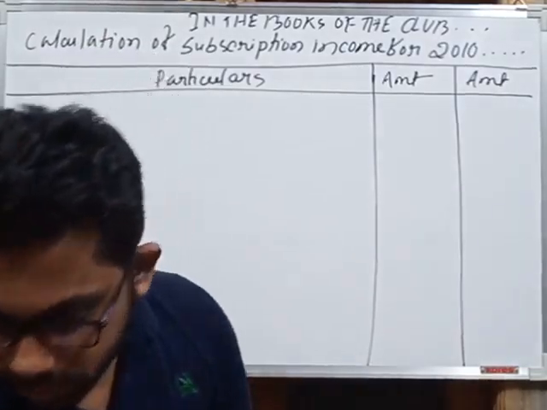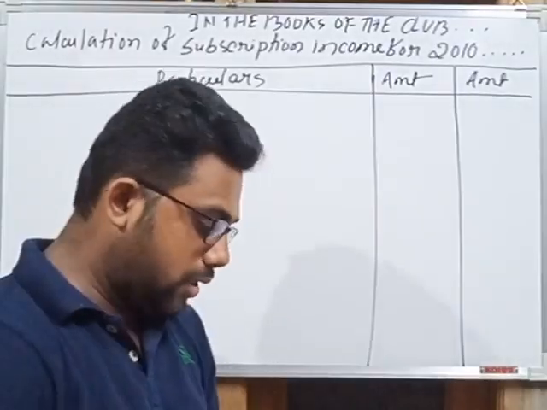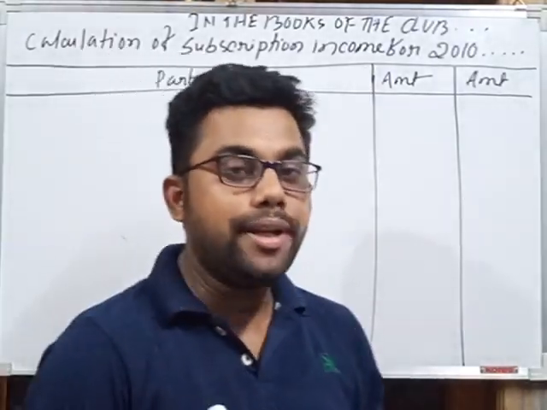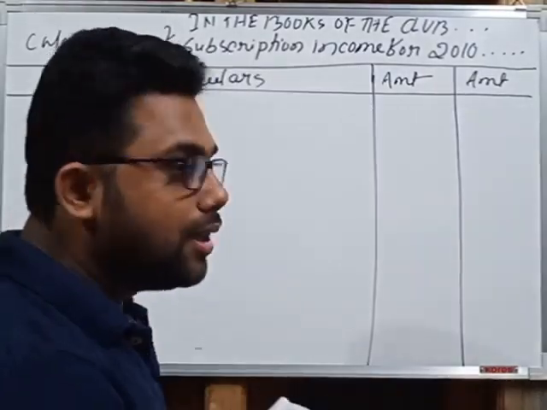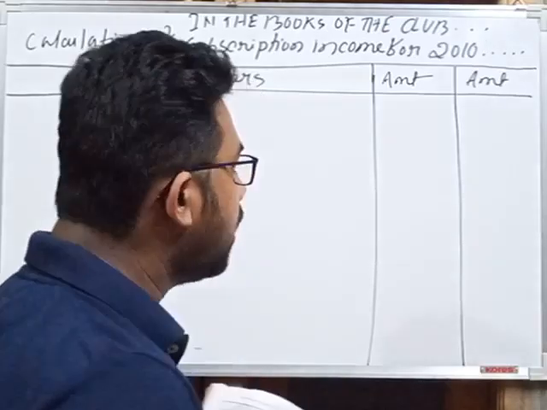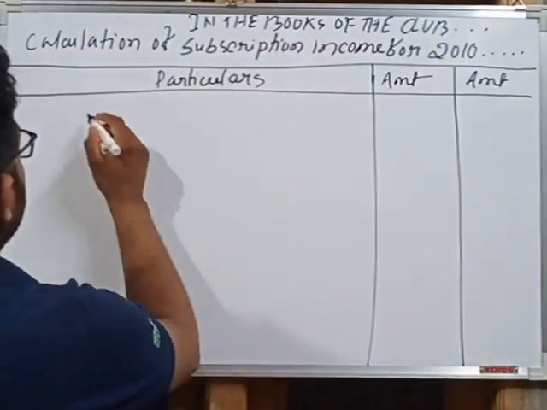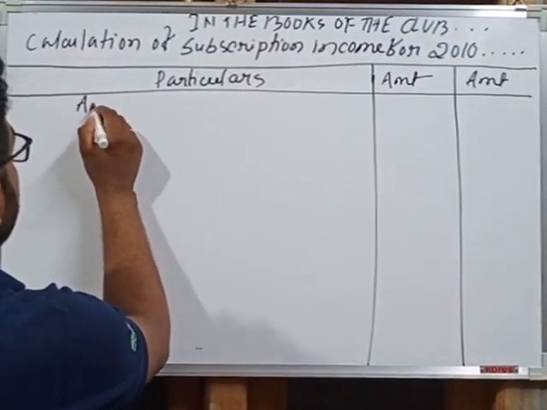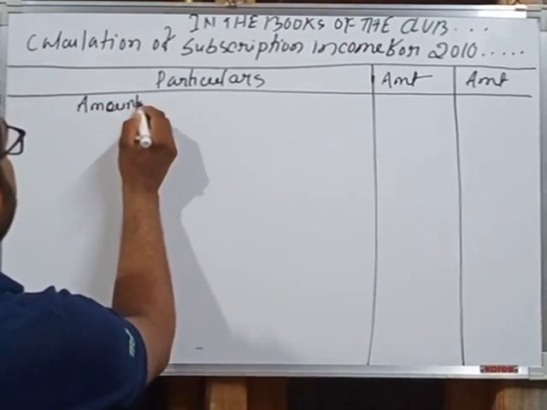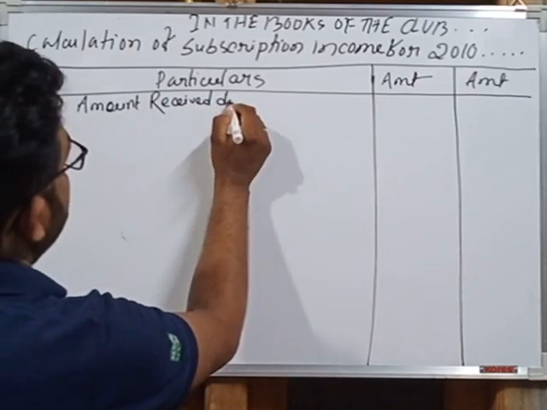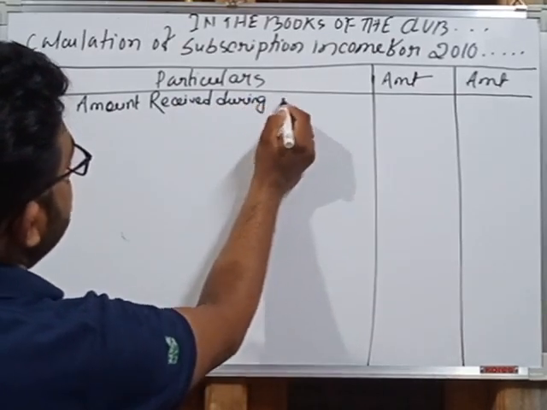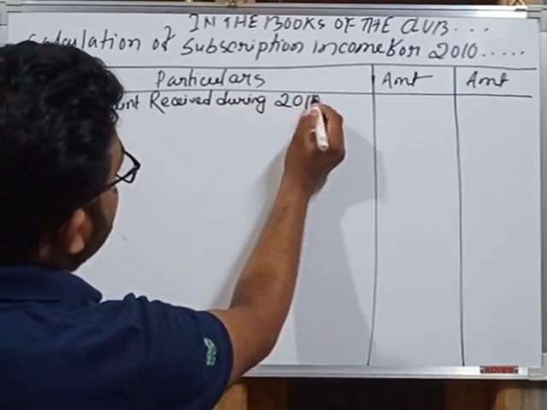So from our information, what is our first information we need? We need the total amount of subscription received in 2010. In the last information we find the total amount of subscription received. So we write amount received during 2010.